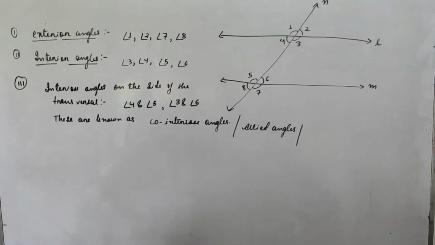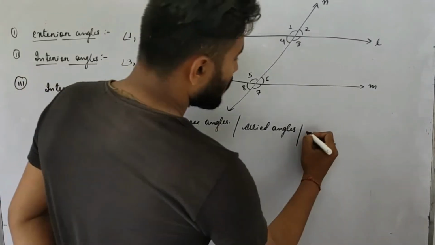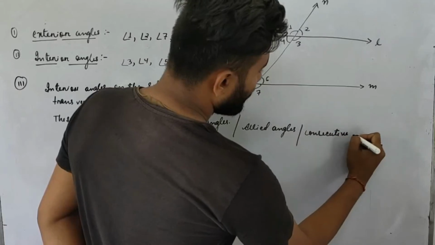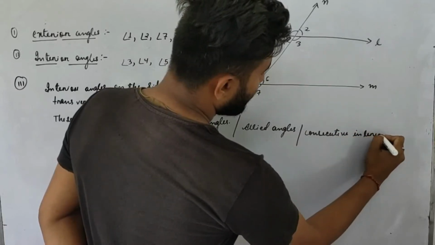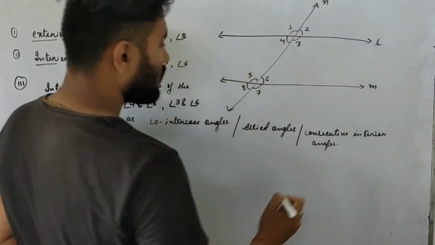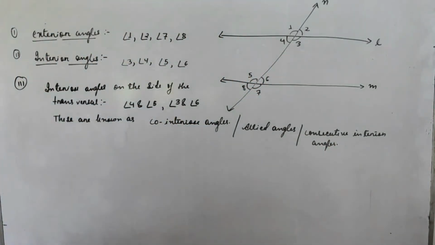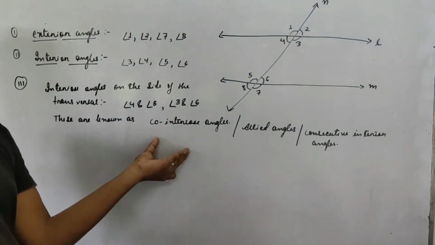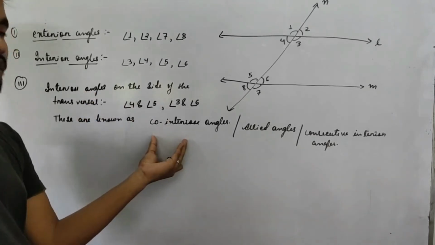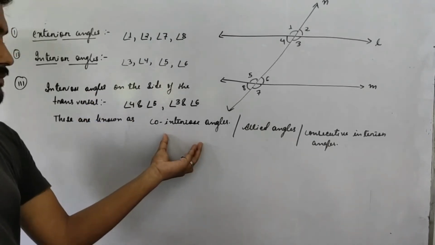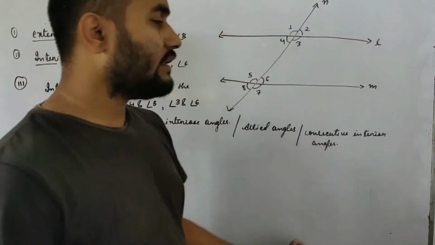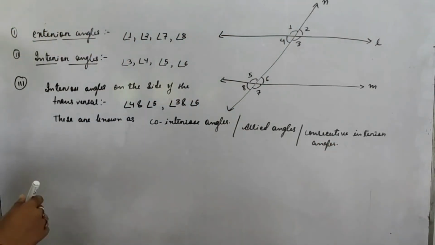And one more name is consecutive interior angles. Most important name is co-interior angles. Often you will get this word in the question everywhere, okay, remember. But the other two names are allied angles and consecutive interior angles, okay, done.